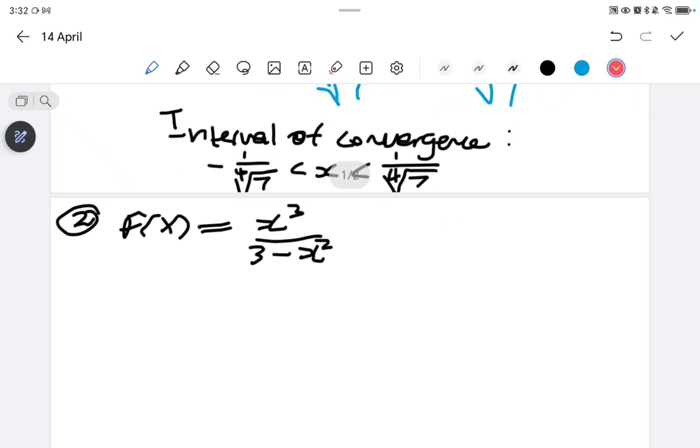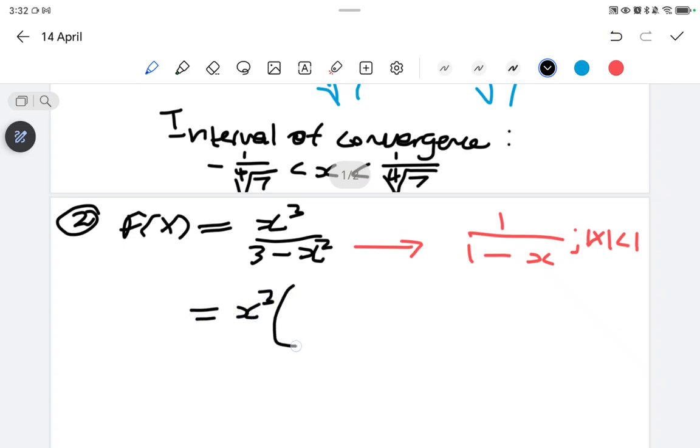Now the aim again here is to change this to 1 over 1 minus x, provided that the absolute value of x is less than 1. So we need 1 on top, so we can easily drop that x to the third. 1 over 3 minus x squared.